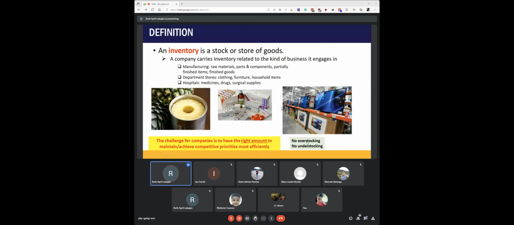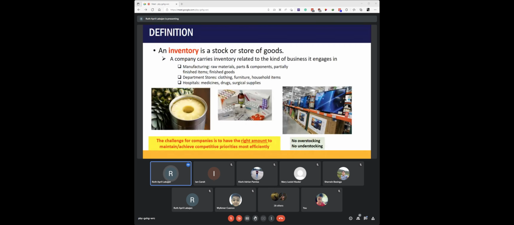So pasabot sa overstocking meaning you are holding too much inventory. Dili pud ta pwede mag-understocking, or you are holding too little inventory. Okay? Because one, it will have implications on the cost, especially if you do overstocking.